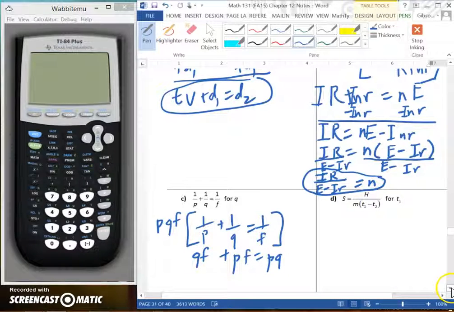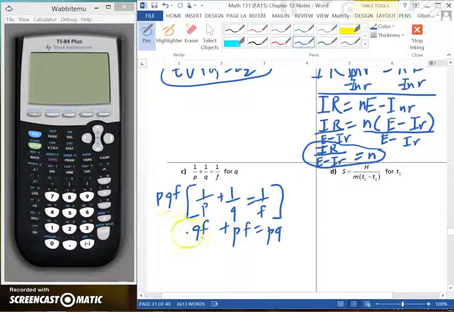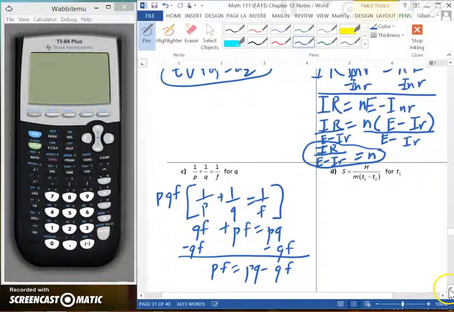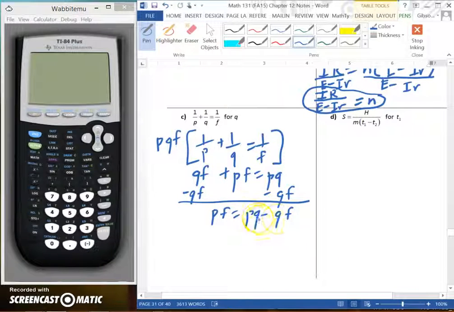Now remember, we'll want to get all the Q's on one side. So we will subtract QF on both sides. So we have PF is equal to PQ minus QF. And we'll do like we did in the last problem.